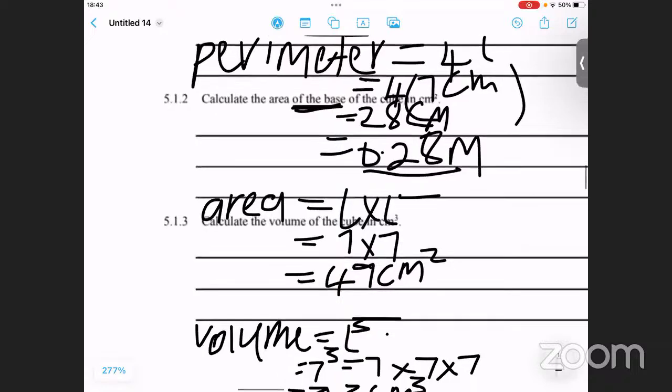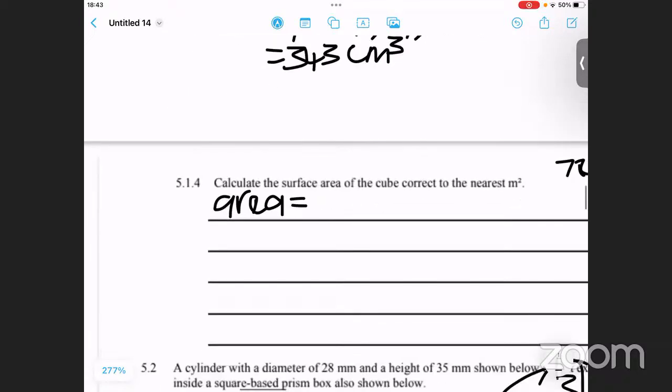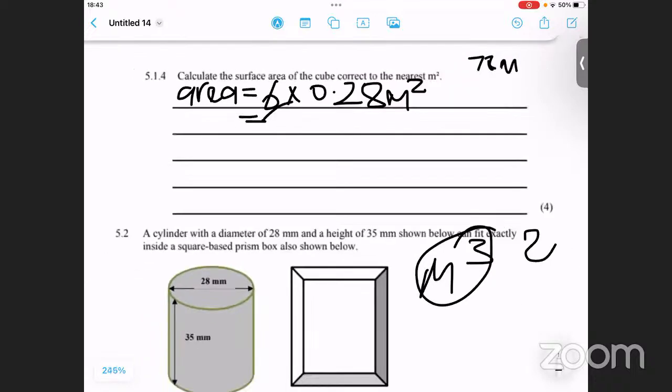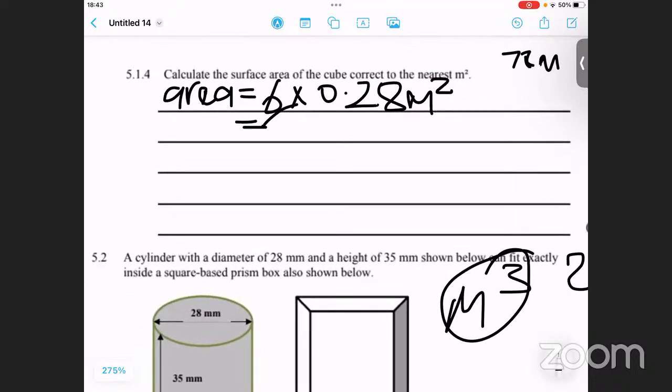0.28, okay? So we can say 6 multiplied by 0.28 meters squared, and then we get our answer. Or alternatively, we can say 6 multiplied by length squared, which is 6 multiplied by 7 times 7.